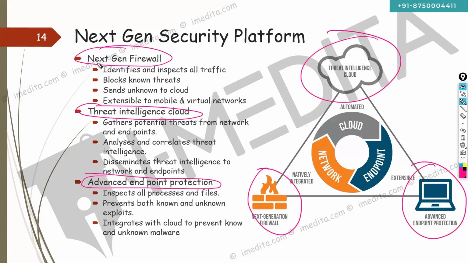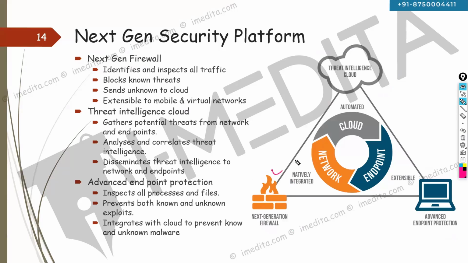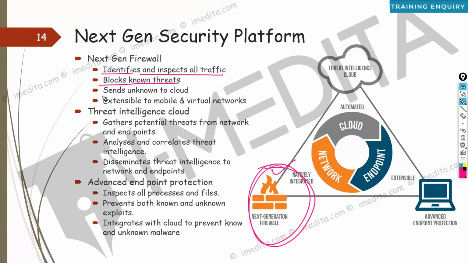Got it or not? What will the next generation firewall do? It will identify and inspect all the traffic. It will block known threats, send unknown threats to the cloud, and protect mobile and virtual networks. Got it or not?